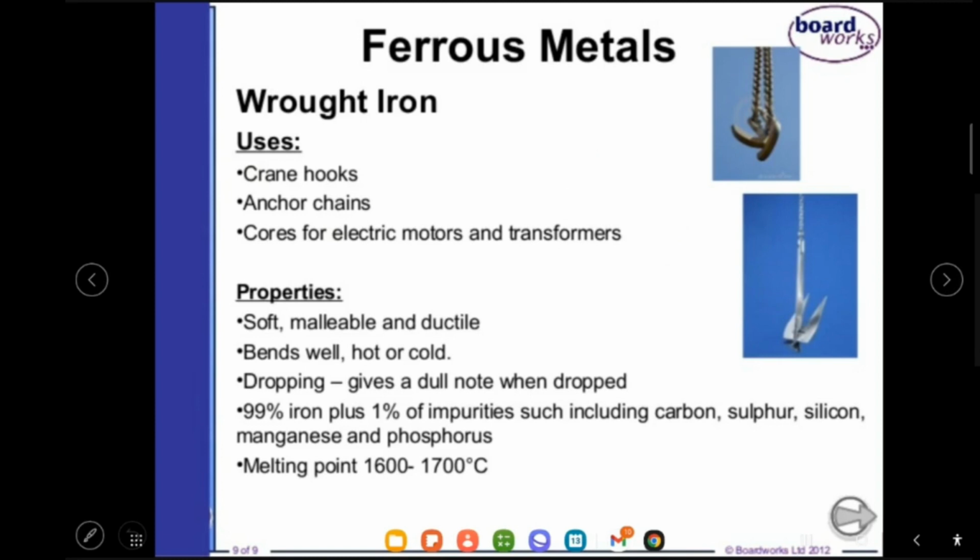These are some of the uses of rough iron in the industry, for example crane hooks, anchor chains, and also cores for electric motors and transformers. Its properties are soft, malleable, and ductile.